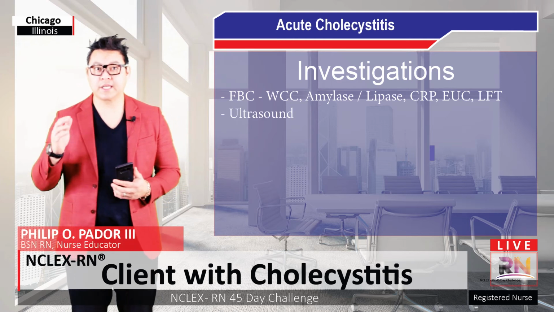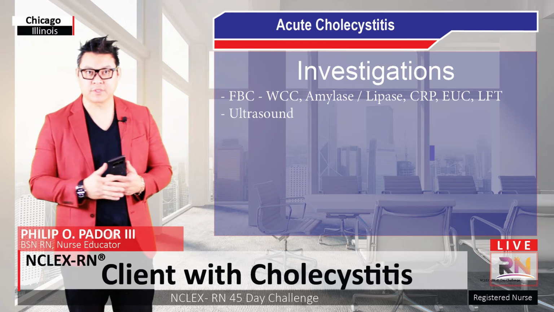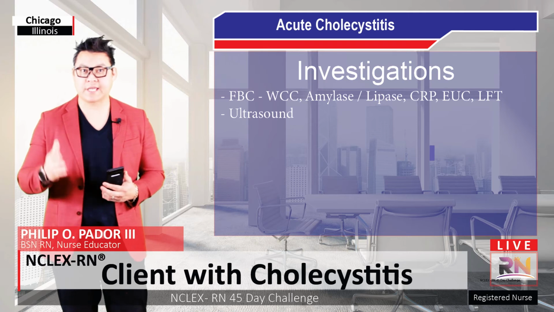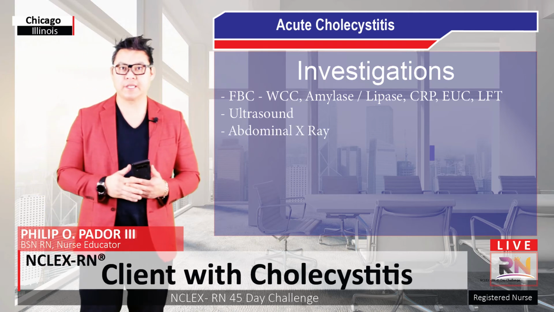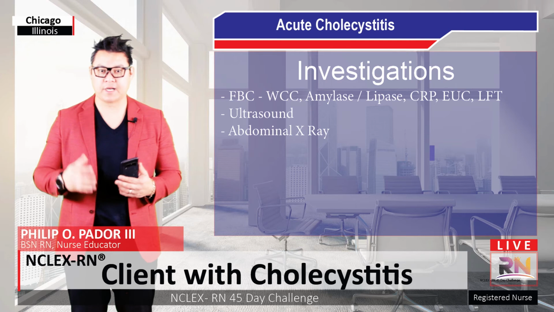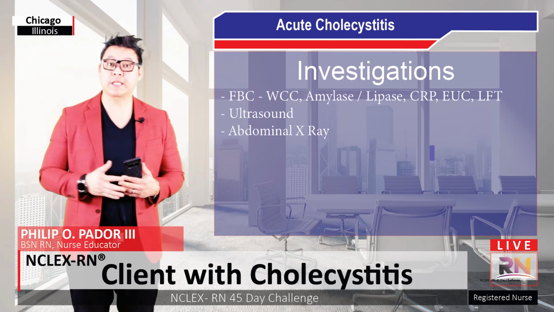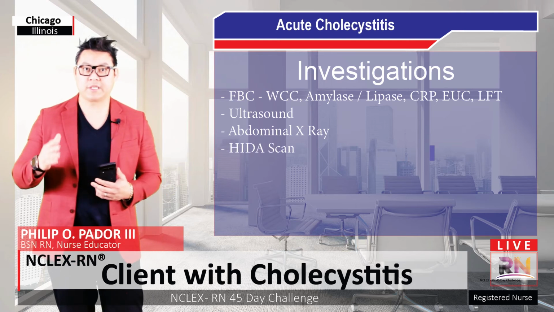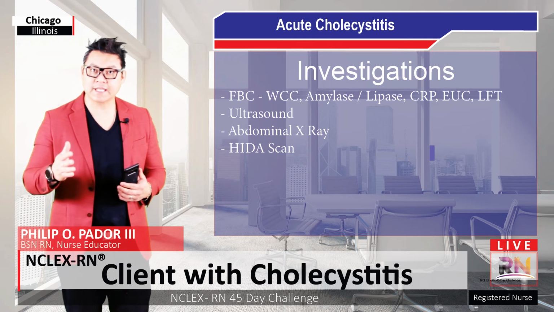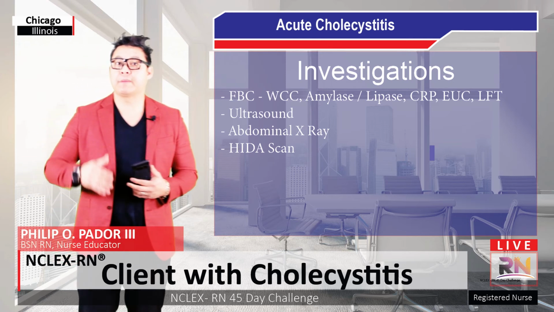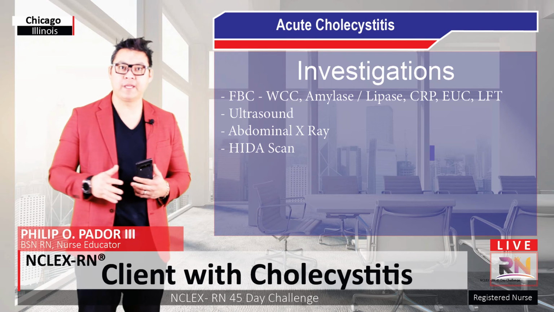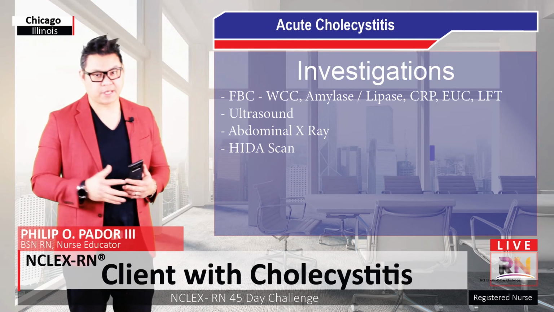Ultrasound is diagnostic and can detect gallstones, and it is used to elicit Murphy's sign too. Abdominal X-rays can only pick up 10% of gallstones. Another imaging technique is the HIDA scan, which is a contrast scan that lights up the biliary tree. If the biliary tree doesn't light up fully, there can be obstructions.